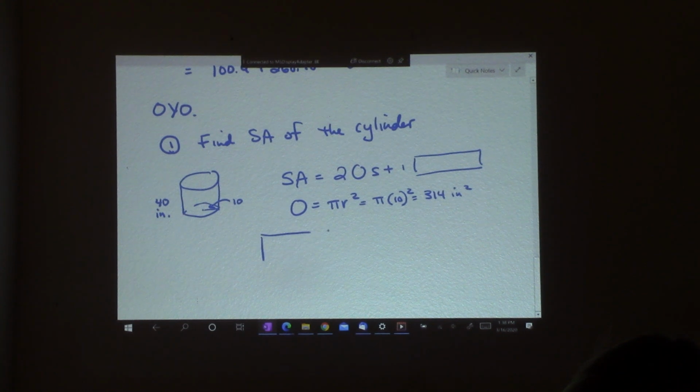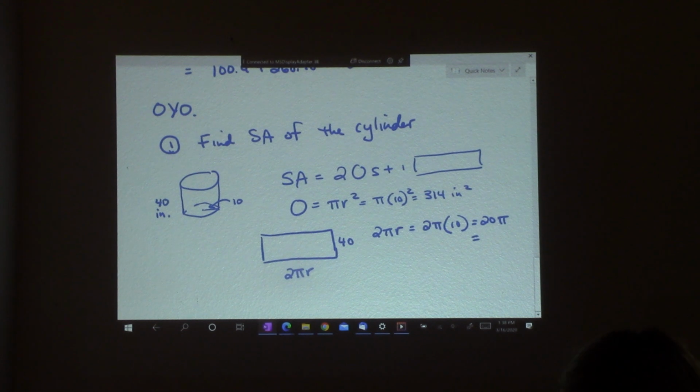Alright, so my rectangle is going to be 2 pi r here times the height, which was 40. So let's work out 2 pi r. 2 pi, and the radius was 10. So that becomes 20 pi, and I work that out, and that's 62.8 inches.